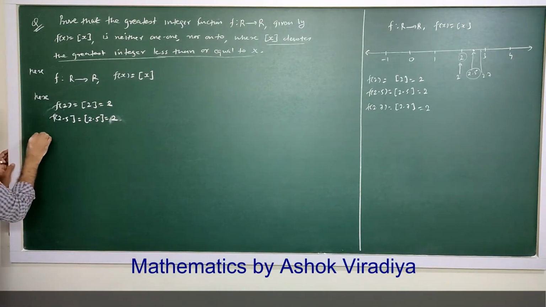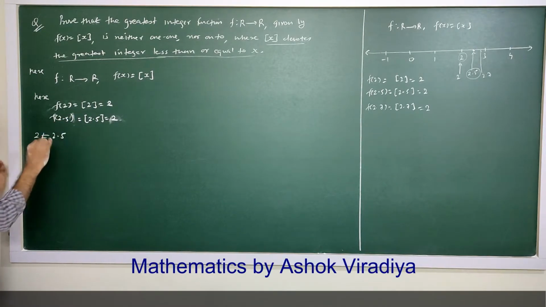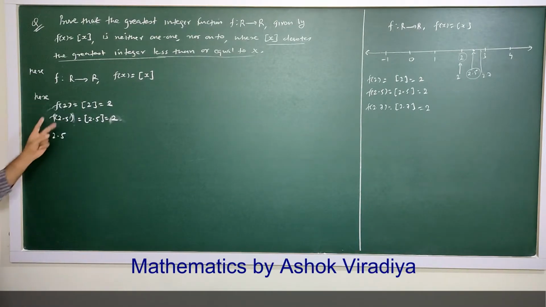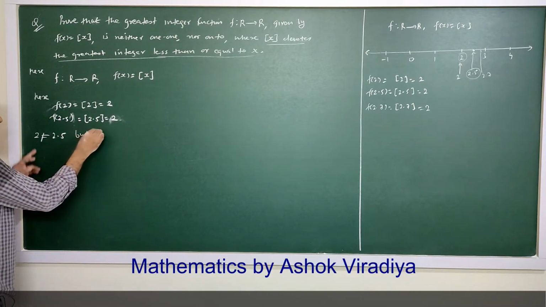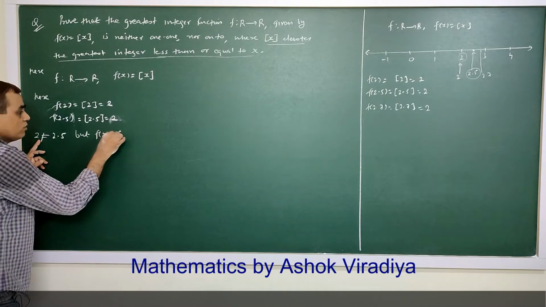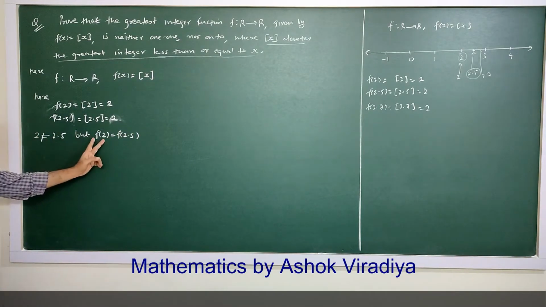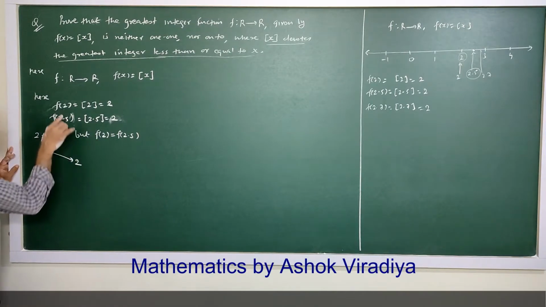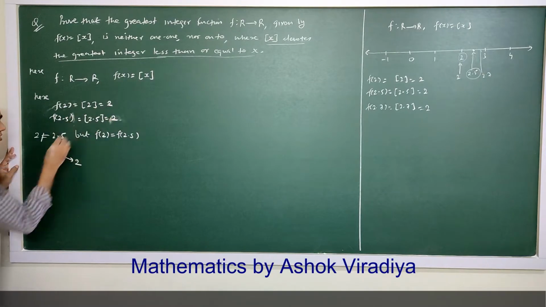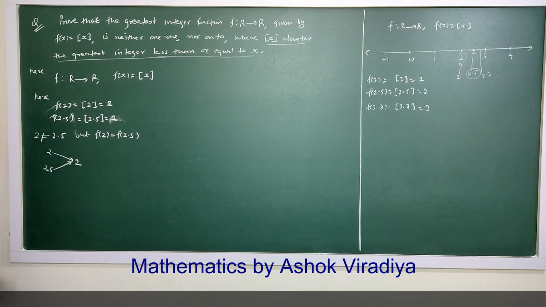So 2 and 2.5 are not equal. x1 not equal to x2, but f of x1 equal to f of x2. Image of 2 is 2. Image of 2.5 is also 2. Image of 2.7 is also 2.